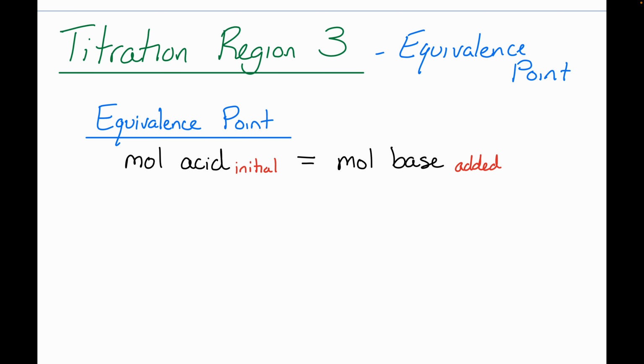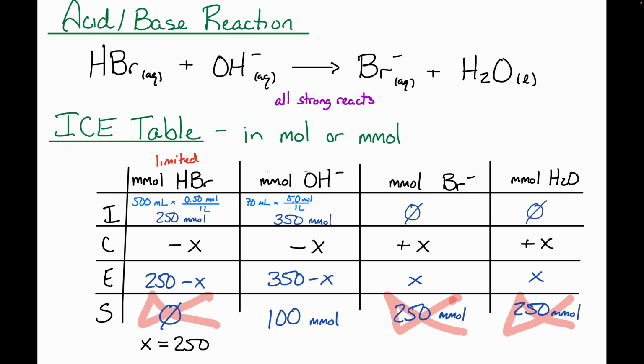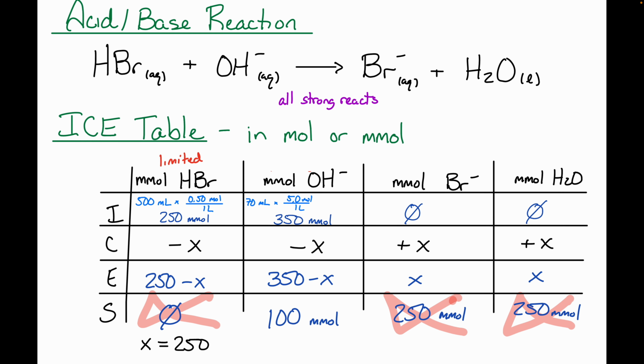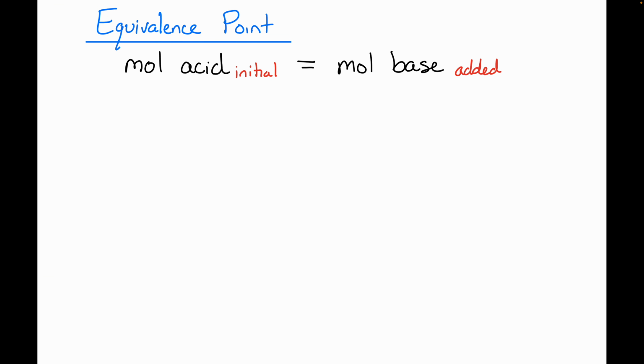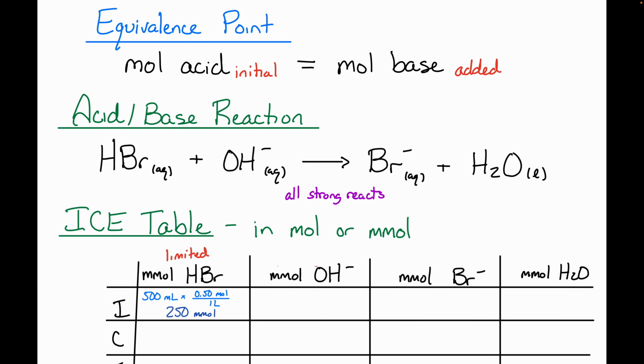Okay, so let's think about calculating the pH at the equivalence point. I'm going to do it the long way here, and then show you guys that we really do not have to do it the long way at all. All right, we're going to take our same chemical equation. We're going to build an ICE table here.